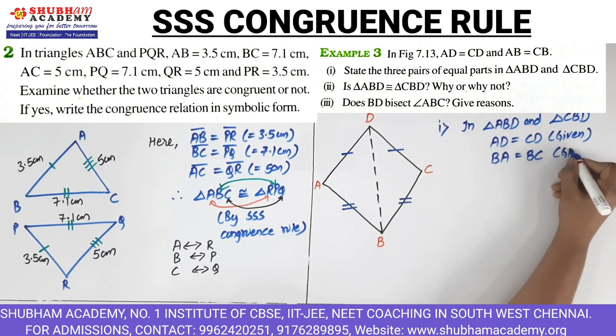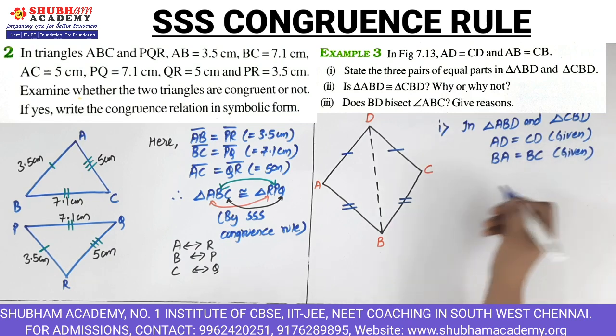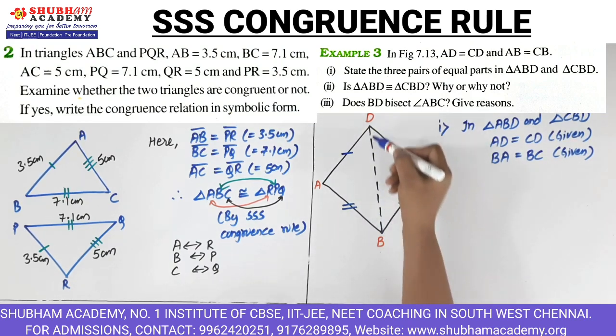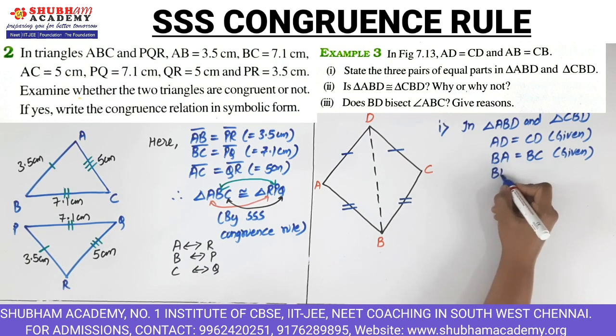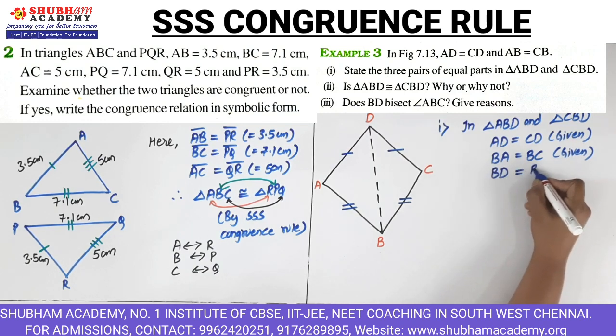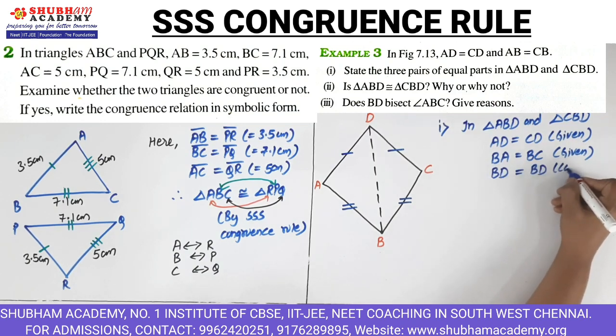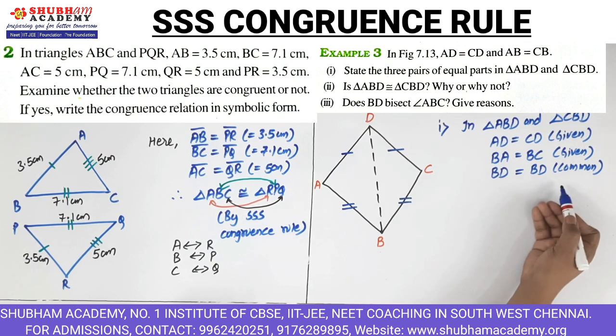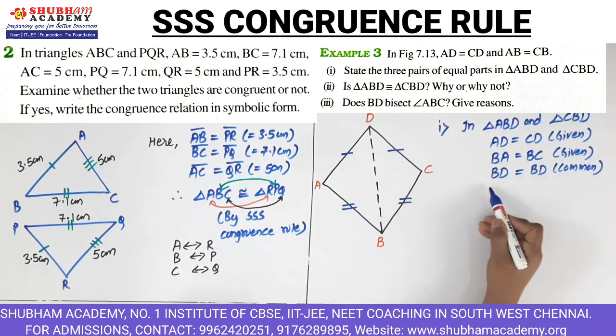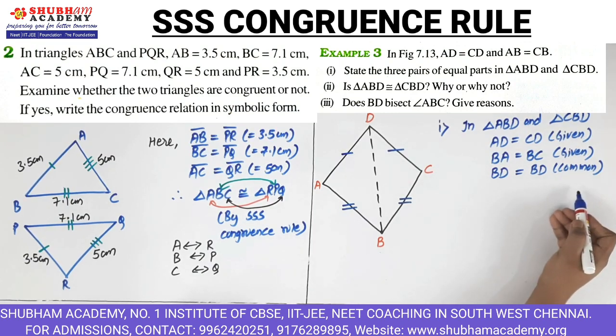It is also given. And we can see that side BD is common in both. So we can write BD equals BD, common. So these are the 3 corresponding equal parts of both the triangles ABD and CBD.